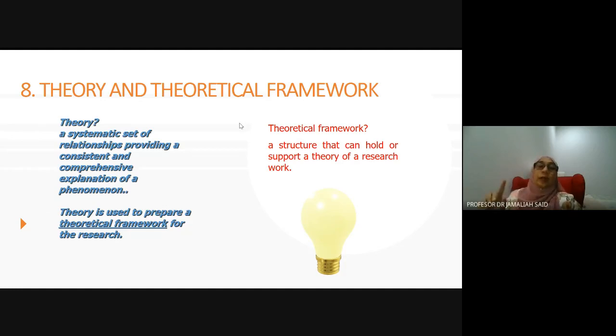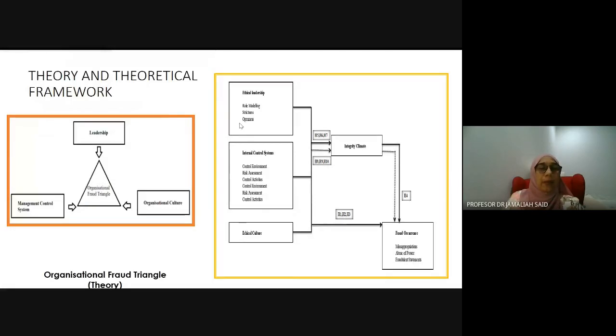What I want to say just now, theory and theoretical framework. This is an example to show you how important it is to have theory in your proposal. Take the example of this student. The theory that the student is using is the organizational fraud triangle theory.